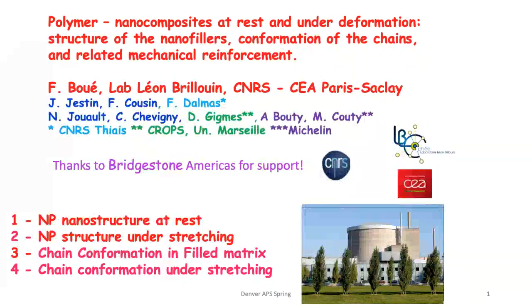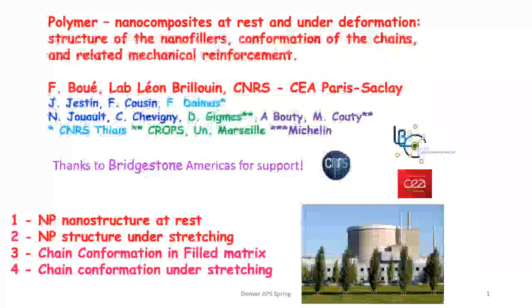You know most of my co-authors on this list, of course, so I will not comment on it. I remind you that Bridgestone America was supporting the trip, so even if it was not perfectly successful, I thank them anyway.